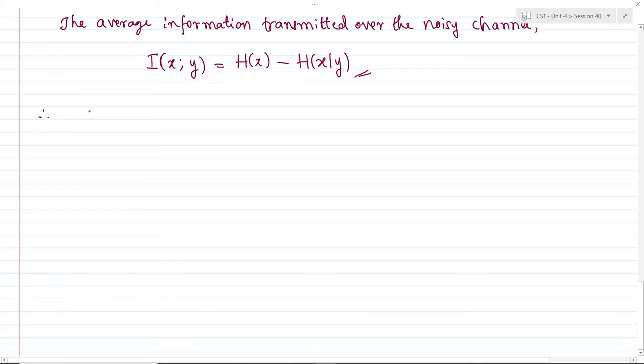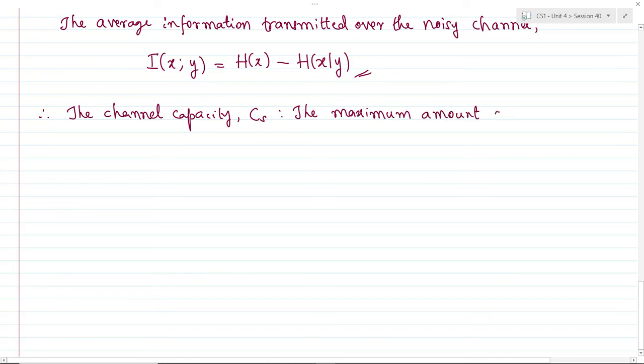So therefore the channel capacity, okay, CS is the maximum amount of information by the definition, which is a maximum amount of information that can be transmitted.